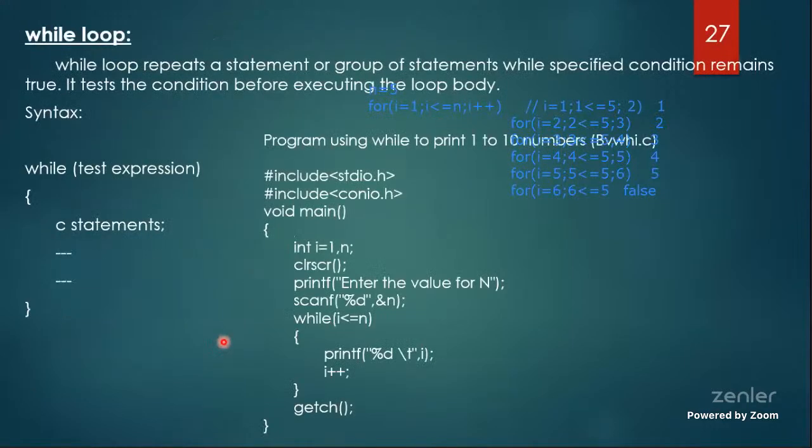Now let me go through the next statement, that is the while loop. So what is a while loop? Students, once you understand the for loop very clearly, this while loop is very easy. A while loop repeats a statement, same like the for loop, but the syntax is different. A while loop repeats a statement or group of statements while the specified condition remains true.